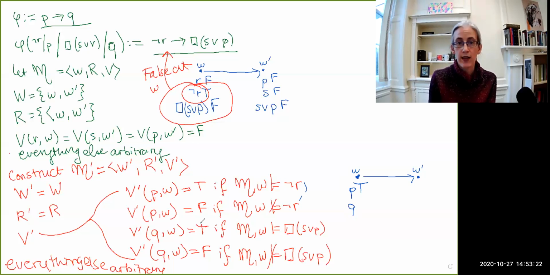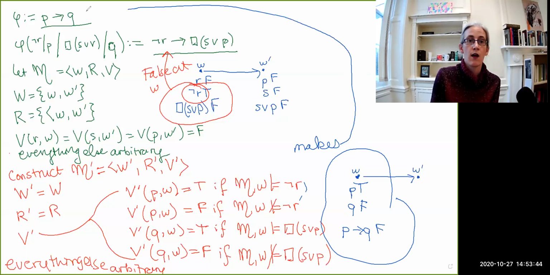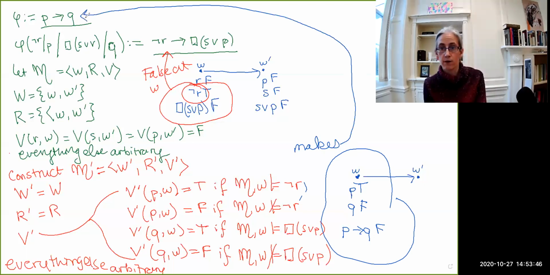Q gets whatever value necessarily S or P got in the original model, and it got false. So here, Q is false. Now, what do we have? P implies Q is also going to be false. So this model makes the formula that we started off with false and therefore invalid.